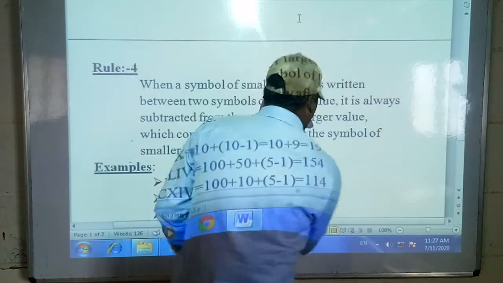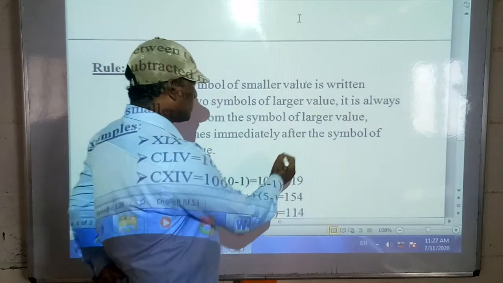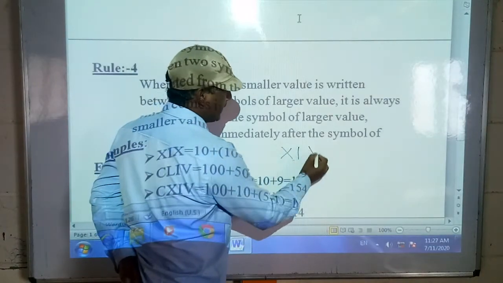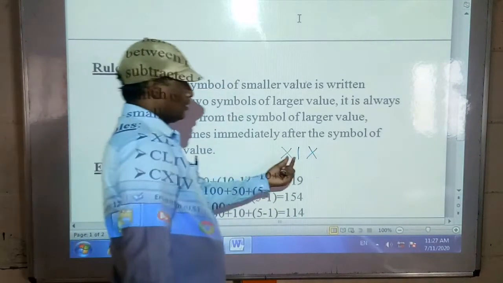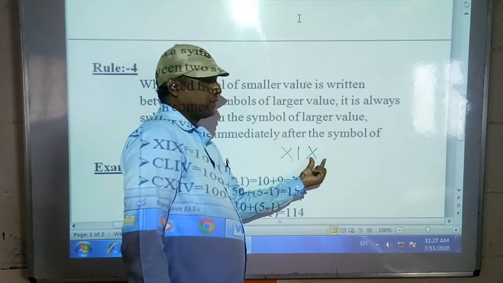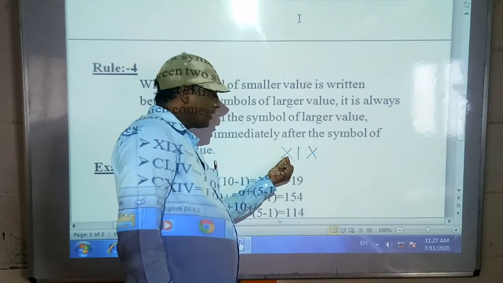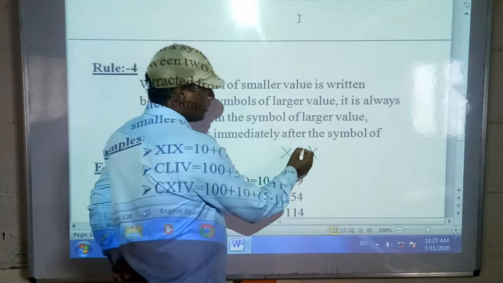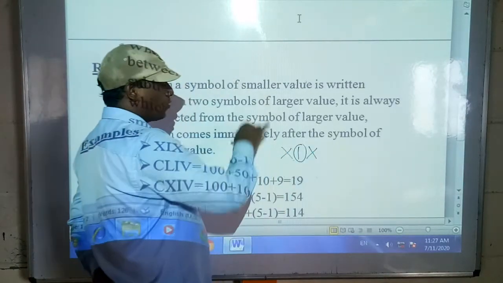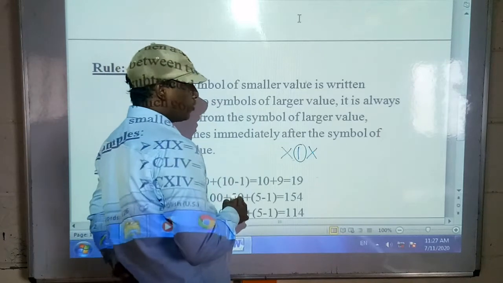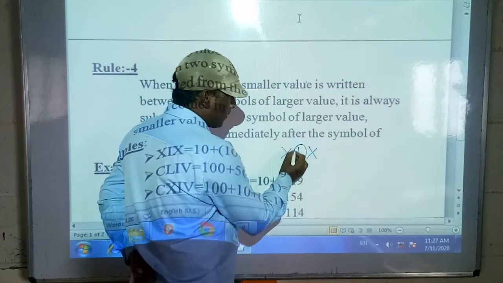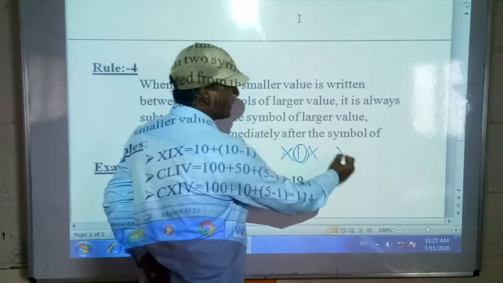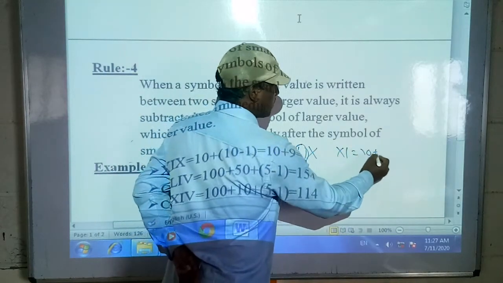See, observe students, XIX. This is big, this is big, and the smaller one is between them. Then do I add it here or subtract it here? You will get confused. Already by the first and second rules, if the smaller value is on the right side of the larger value, we add, so XI means 10 plus 1.